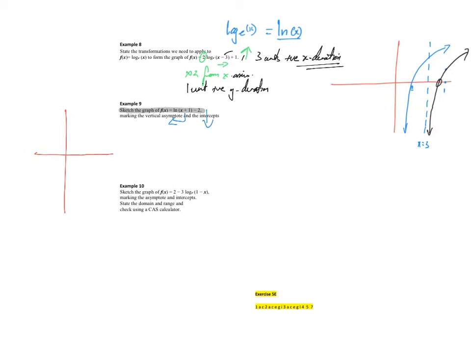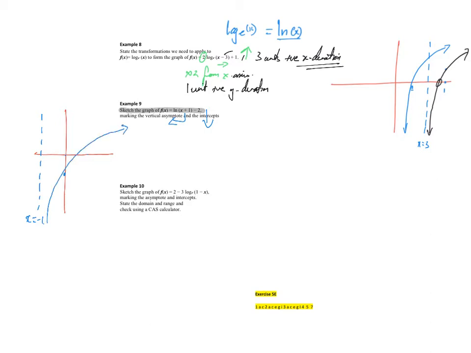So my asymptote is moved to the left, left 1 unit, so x equals -1. The whole graph has moved down. My intercept normally goes through 1, but the whole thing's moved down 2 units. So more than likely, my graph looks a bit like this.